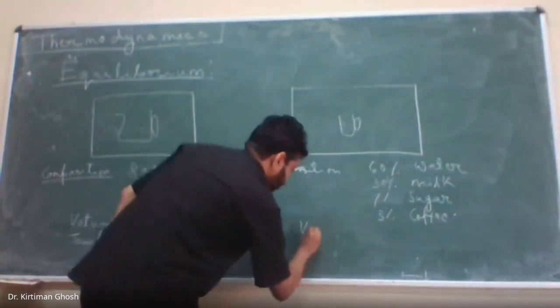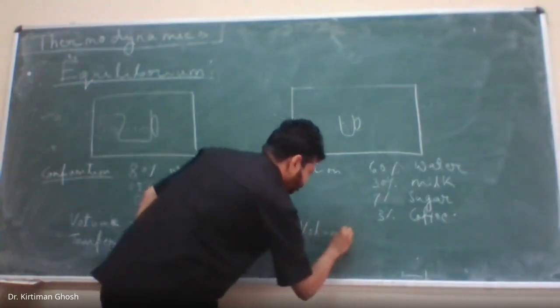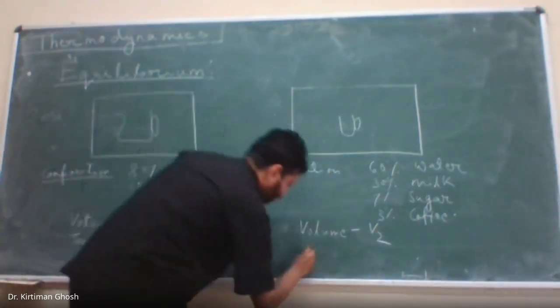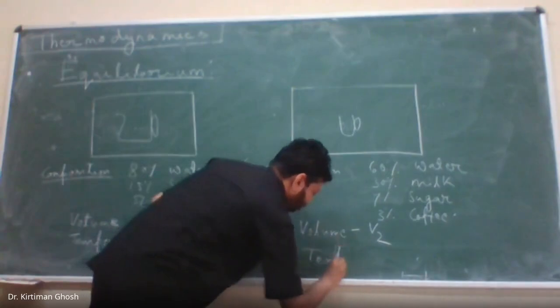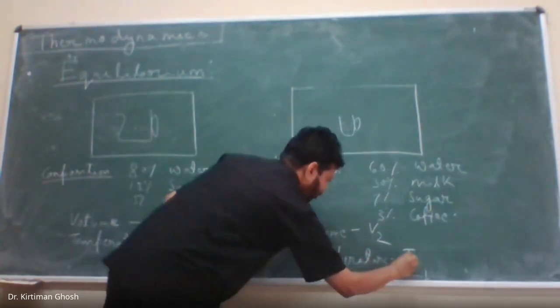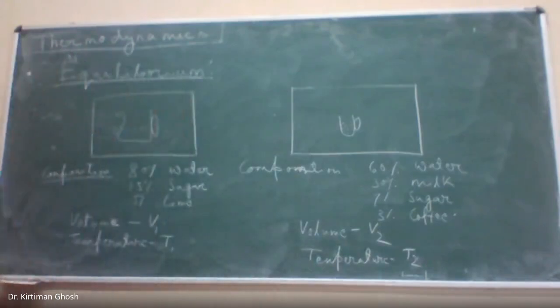And it has a volume, say V2. This is a volume V1, this is a volume V2, and temperature T.